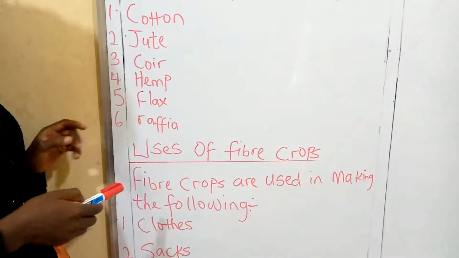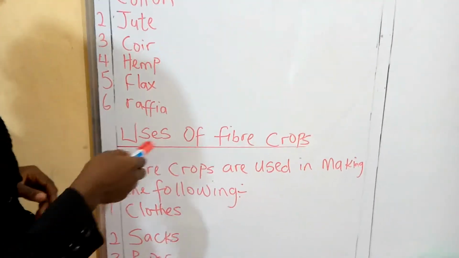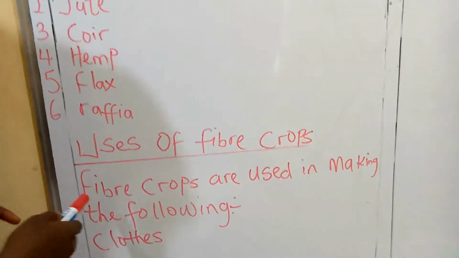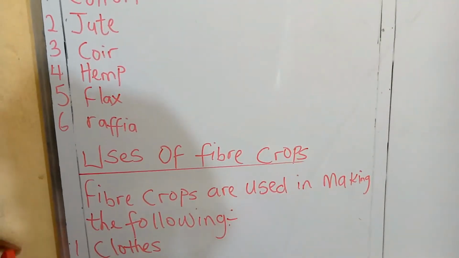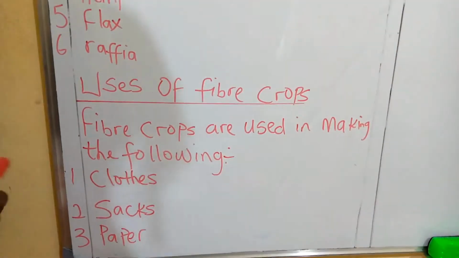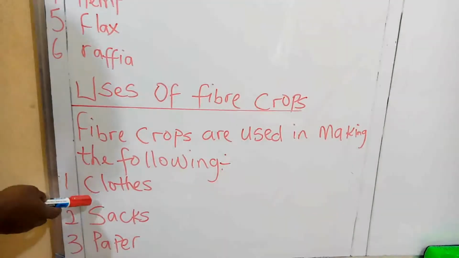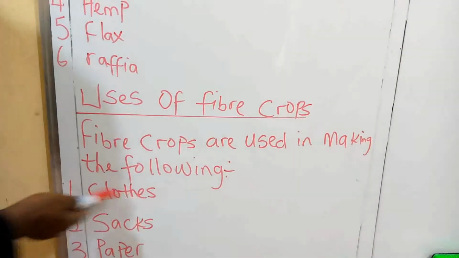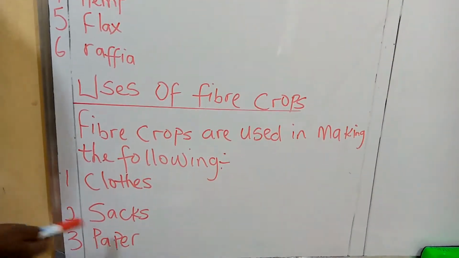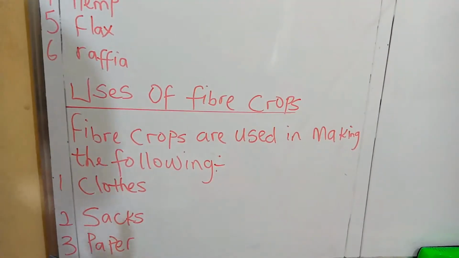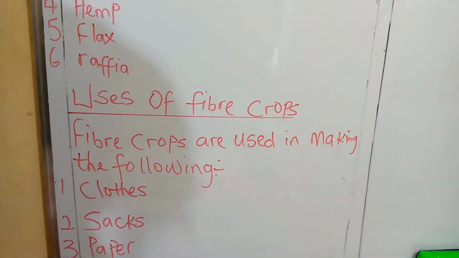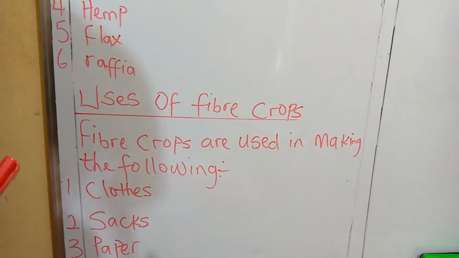Let's take it down on the board. Uses of fiber crops. Fiber crops are used in making the following. Number one, clothes. The clothes you're wearing are made with fiber crops.